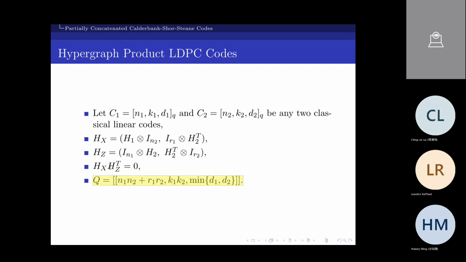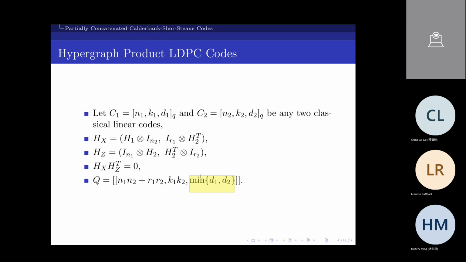So this construction can obtain very good quantum LDPC codes with good parameters, and many related works have been done to improve, for example, the minimum distance of the hypergraph product LDPC codes.